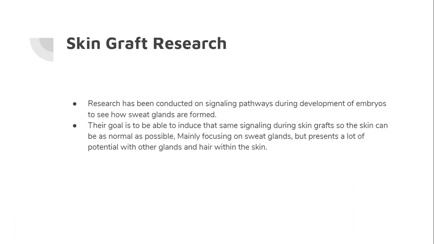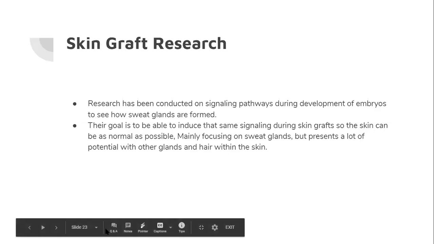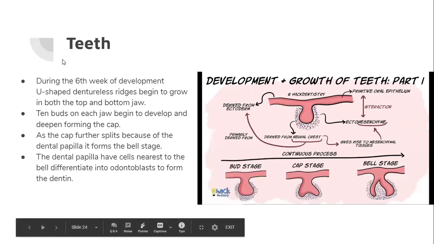They're trying to make the skin as normal as possible, and they've been developing ways to get the sweat glands to be present after the skin has developed in the skin graft, which is pretty interesting. Anyway, I think it would be super cool for them to get not only sweat glands but all other glands as well, to have that as normal as possible. So pretty cool. So teeth, that's the most important thing.